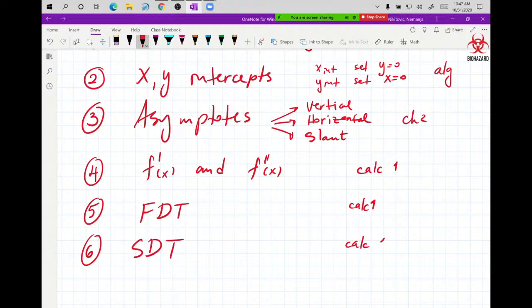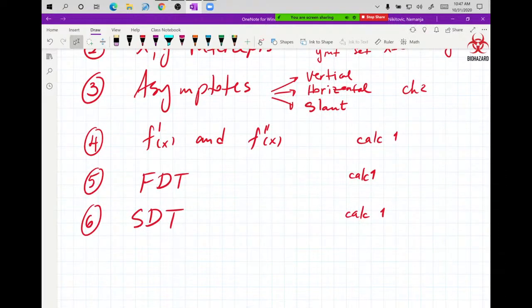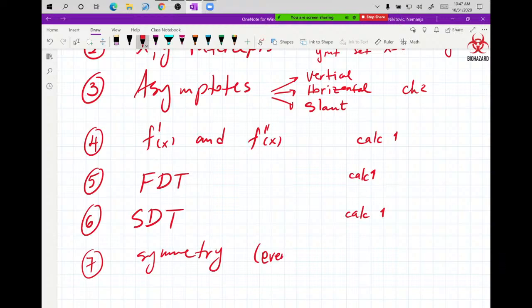Also calc 1. 7, not used a lot, but maybe we can exploit symmetry. Now, symmetry is the concept of even, odd. And that's your pre-calc 1.